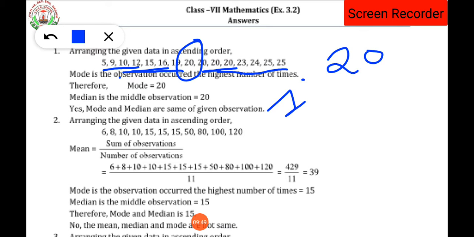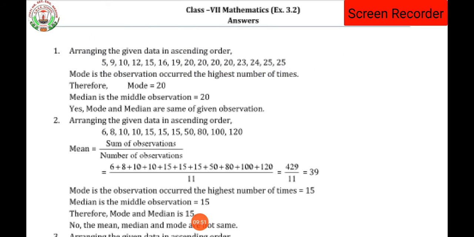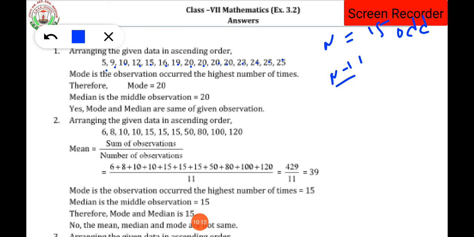Now the second method. How many total observations are there? 1, 2, 3, 4, 5, 6, 7, 8, 9, 10, 11, 12, 13, 14, 15. N is equal to 15. Is 15 an odd or even number? It is an odd number. So what is the formula? The (N plus 1) by 2 th term.